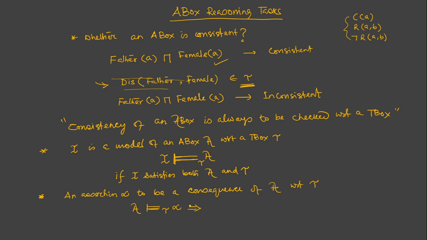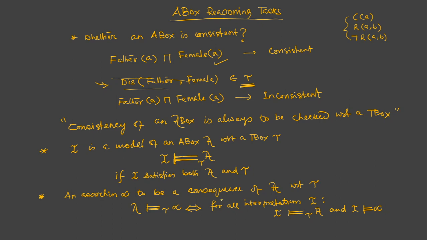So when will this happen? For all interpretations I such that this I is a model of A with respect to T and I is also a model of this alpha.